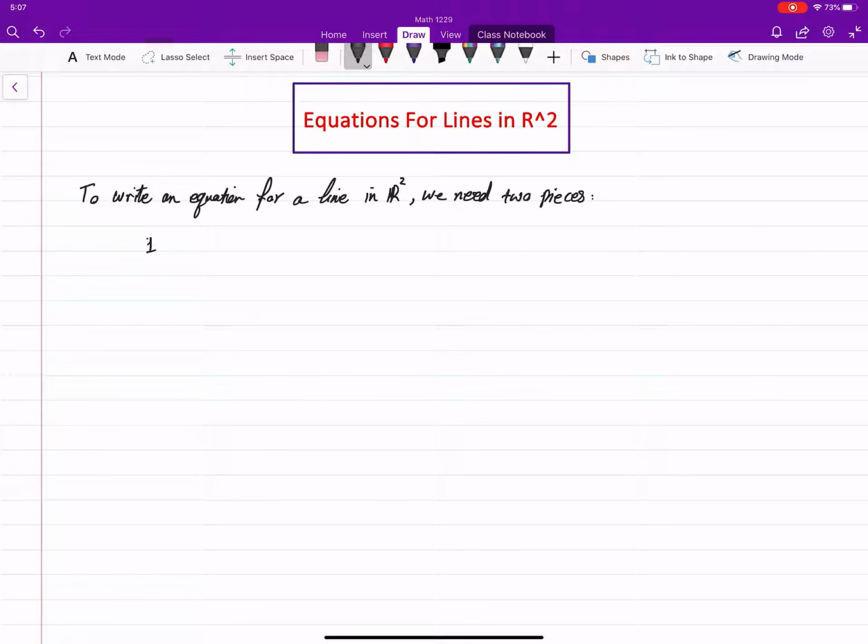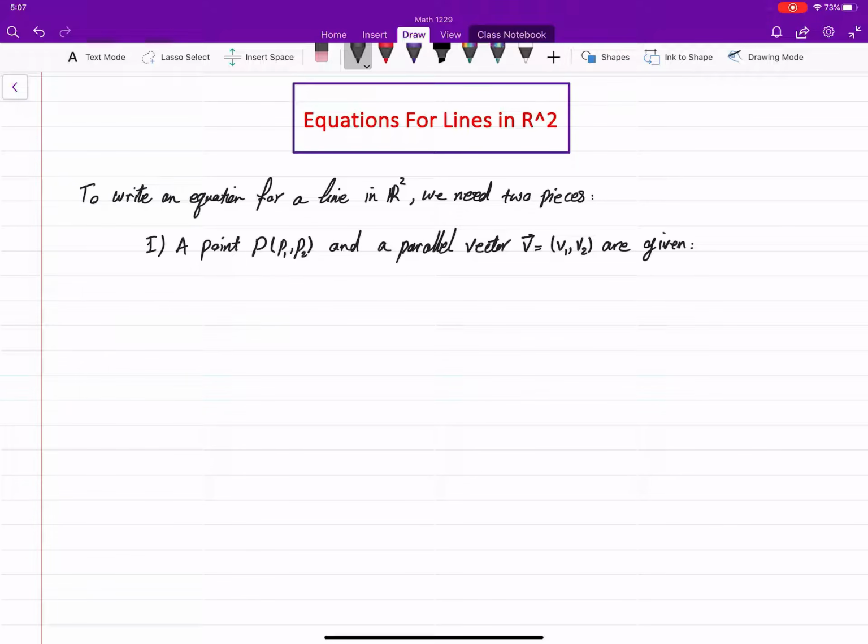One is a point, let's say P, while here it is R2, so it will have only two components, and a parallel vector V1, V2 are given.